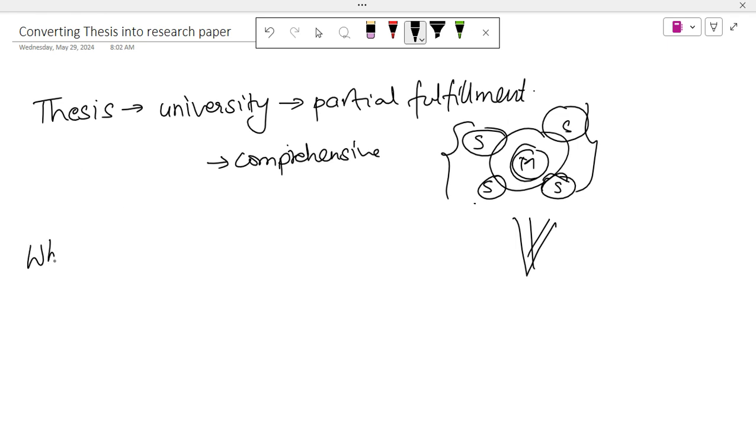Publishing your work not only enhances your academic profile, but also contributes to the body of knowledge in your field.